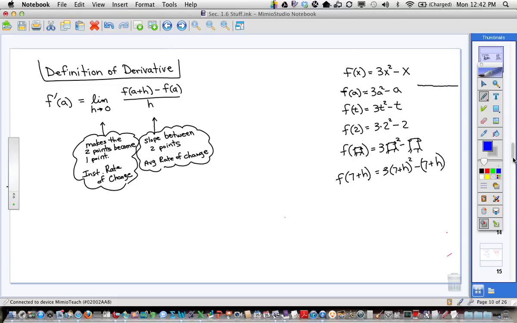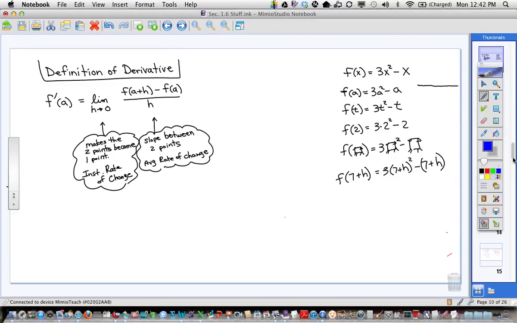It is absolutely the most important thing in calculus. Without limits, none of calculus works, because this part is just the difference quotient, the slope between 2 points. Well, that's algebra 1. But when you let the 2 points become 1, which is what the limit does, that's when it becomes calculus.